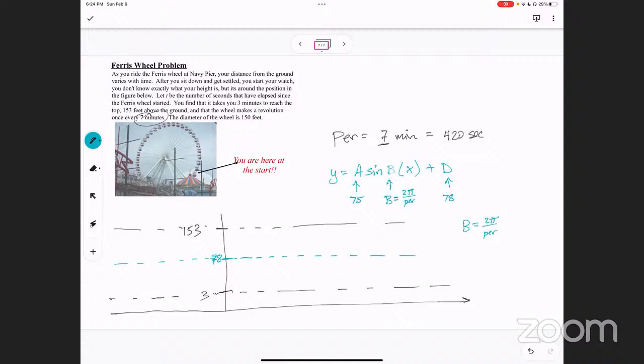Period is 7 minutes. Good. Or 420 seconds. I don't know if the problem wants it in minutes or seconds. I think it's in minutes. Okay. So your b is going to be 2 pi over 7. So what's my formula? Y equals, tell me what to write.